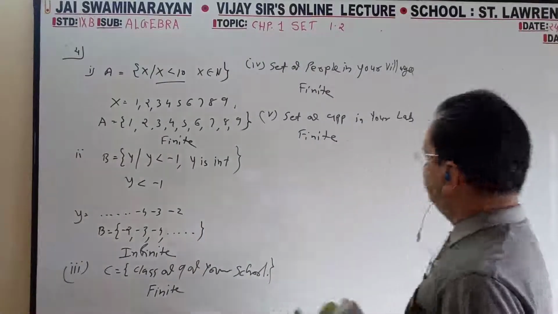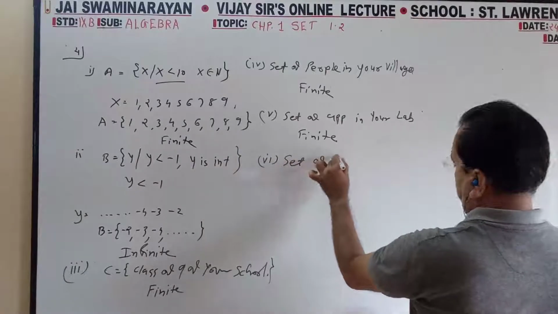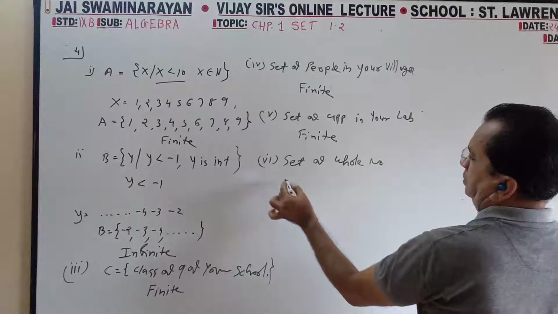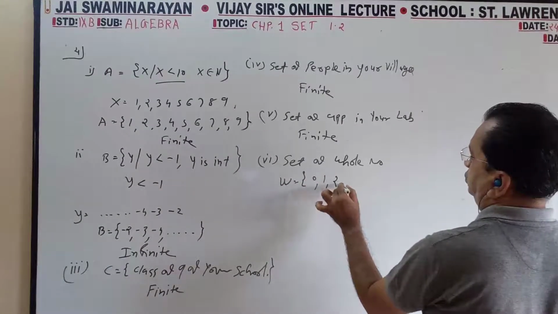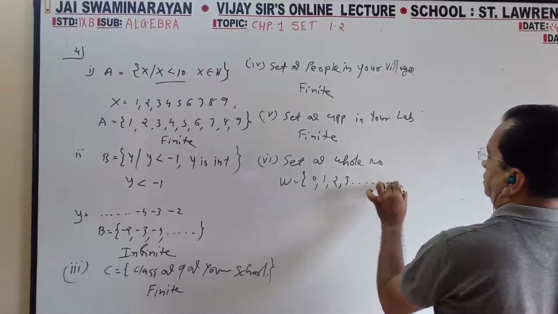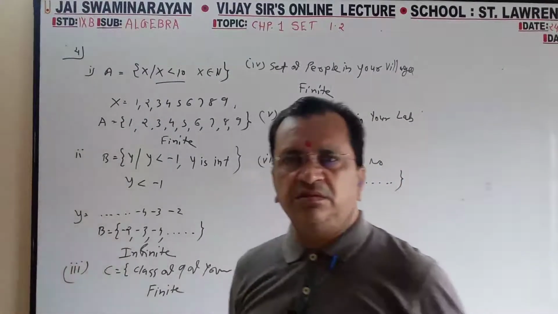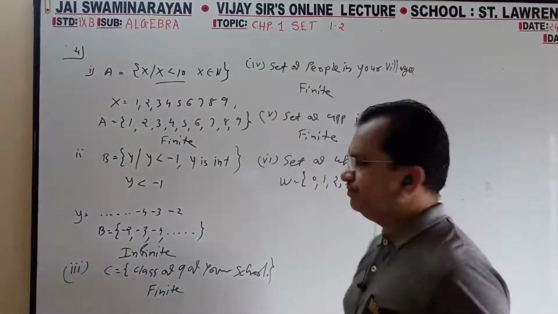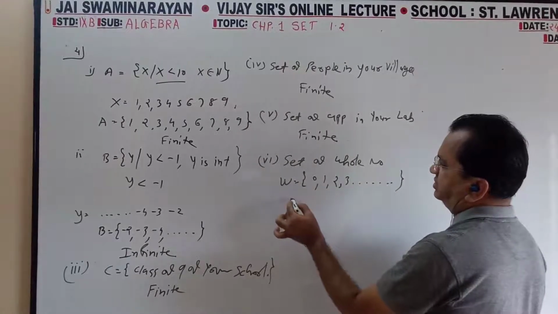Set of whole numbers W. So W is equal to what? 0, 1, 2, 3, 0 and positive numbers. Both 0 and positive numbers you have to include. So it is infinite.